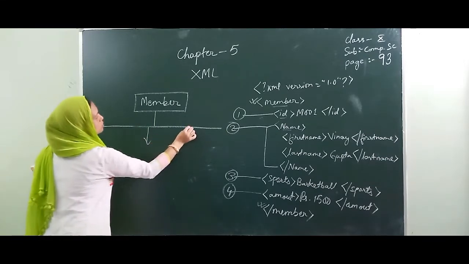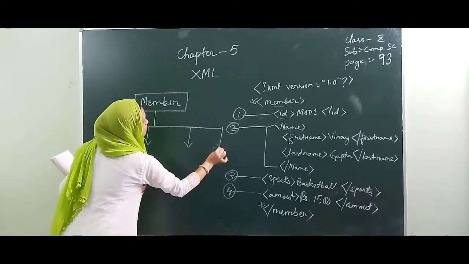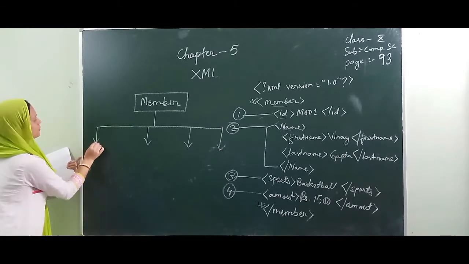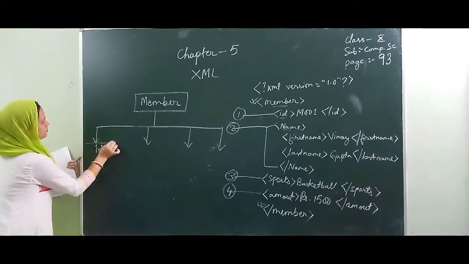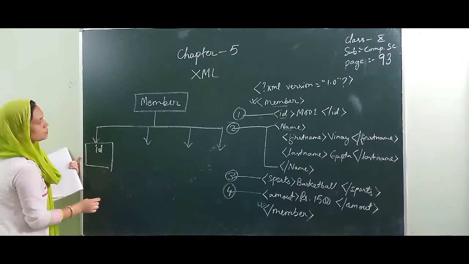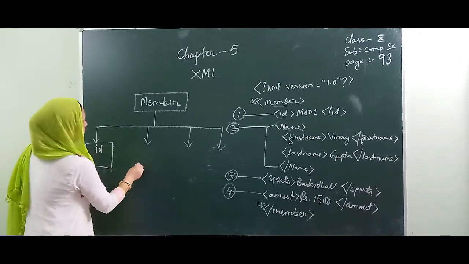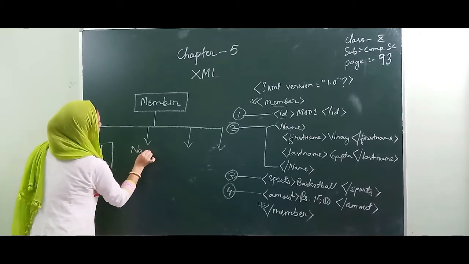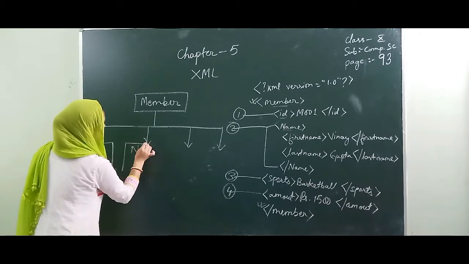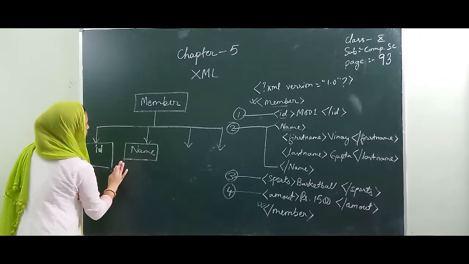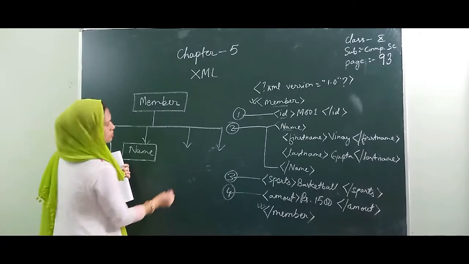1, 2, 3, 4. Write a name, ID, name, sports, amount.